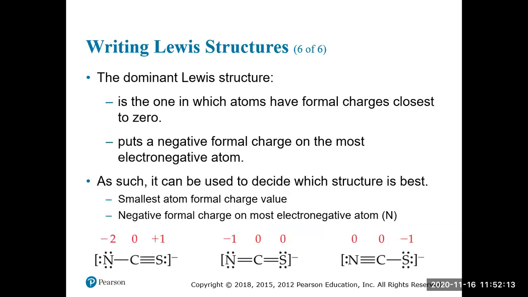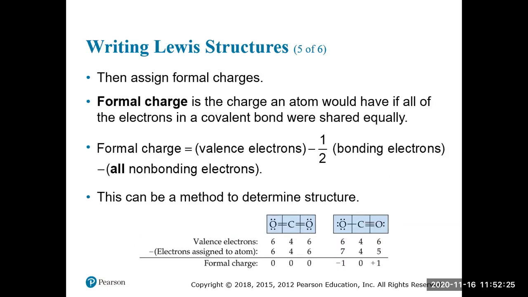So this guidance that we get here, that the dominant Lewis structure is the one in which atoms have formal charges closest to 0, tells us that the CO2 with the double bonds for each of the CO bonds is the more dominant structure, the more likely structure, because there we have 0s across the board for formal charge versus what we have on the second choice.